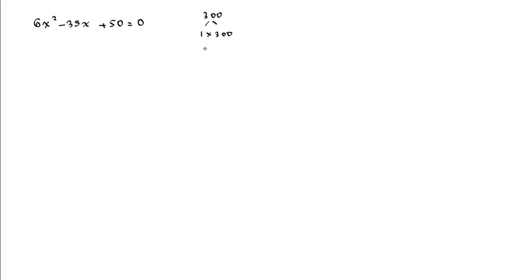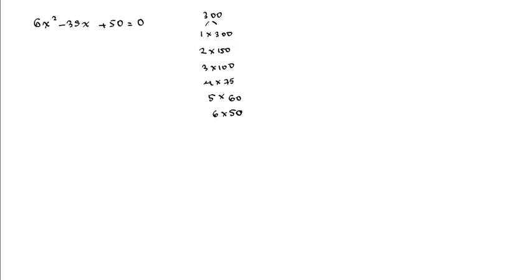1 into 300, not working. 2 into 150. 3 into 100. 4 into 75. 5 into 60. 6 into 50. 300 is not divisible by 7. Is it divisible by 8?